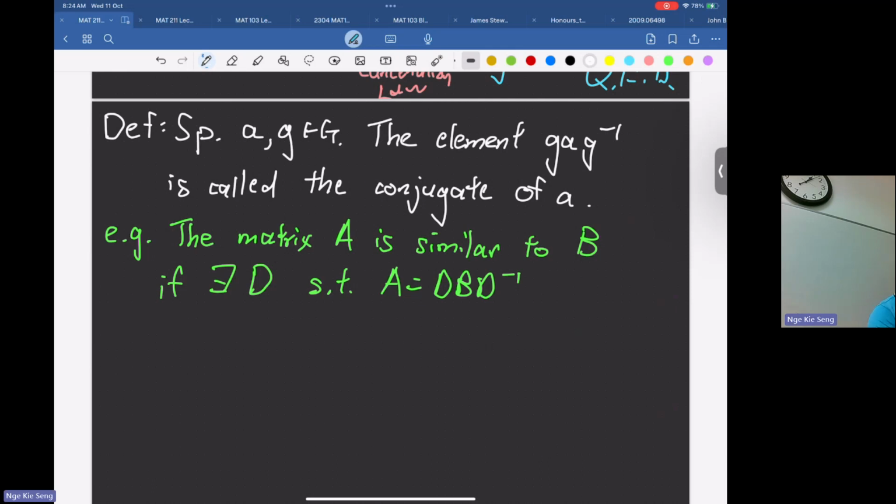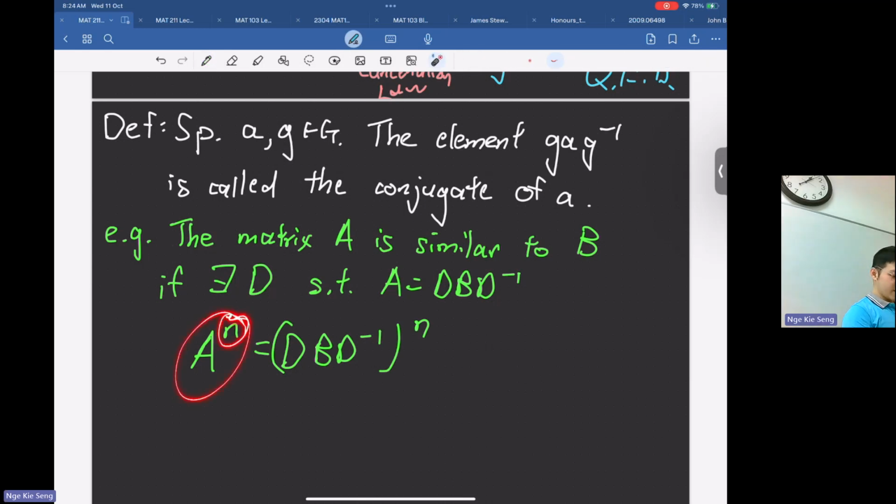Yes, let's see. In a matrix, if you can express A into this form, D B D inverse, and I want to compute the power of A, how do I compute it? I just multiply D B D inverse n times. But instead of computing A to the power of n directly, it's easier to do the computation here.